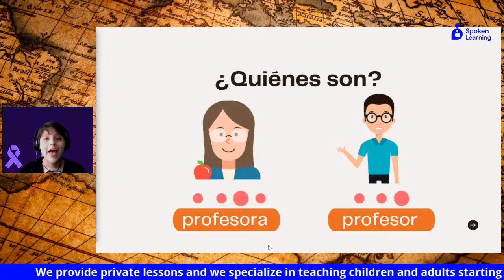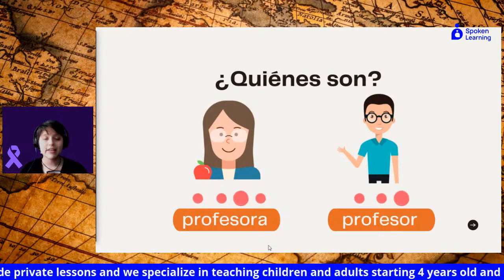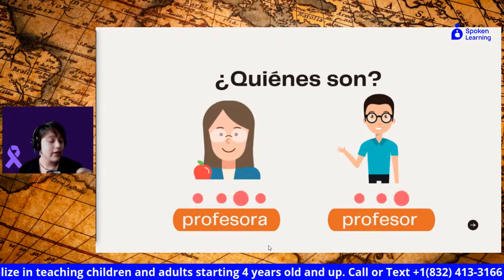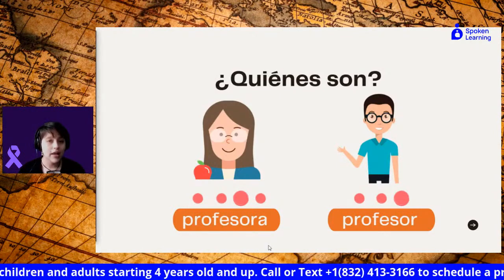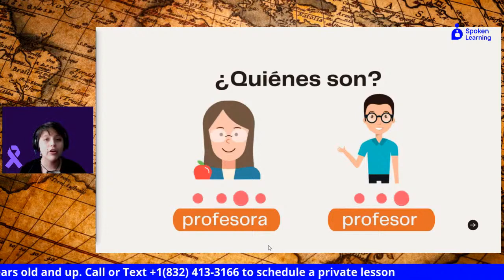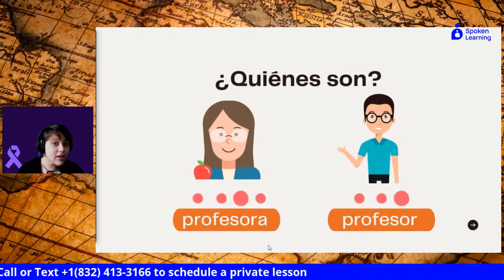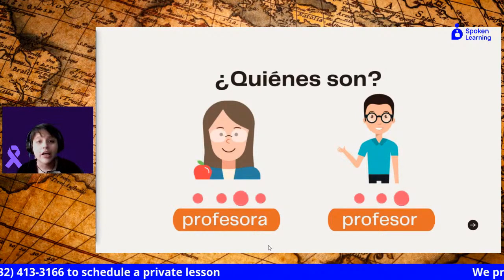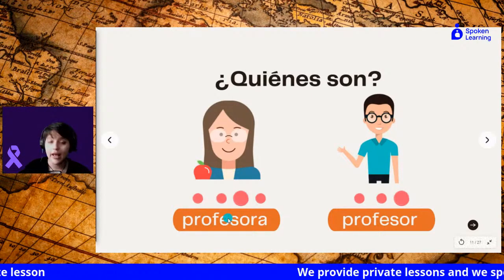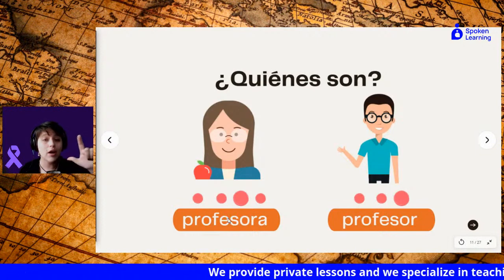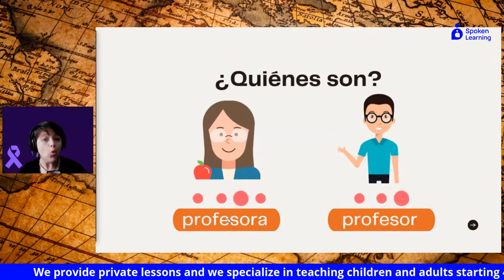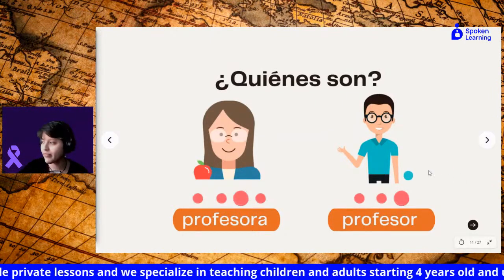If we know that our noun is femenino, then we already know that la, una, las, unas will be the one determining whether it's singular or plural. And we would also need to check here. So, la profesora, una profesora, o las profesoras, unas profesoras.